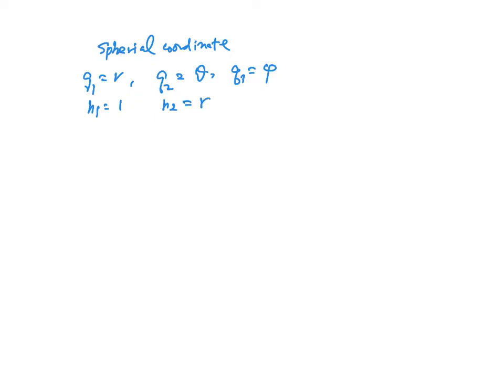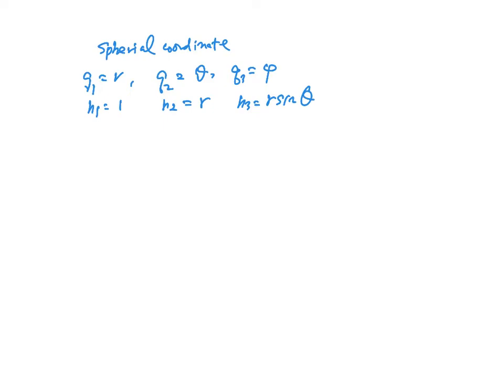Spherical coordinate. Q1 was R, Q2 was theta, Q3 was phi, H1 was 1, H2 is R, H3 is R sine theta, right?